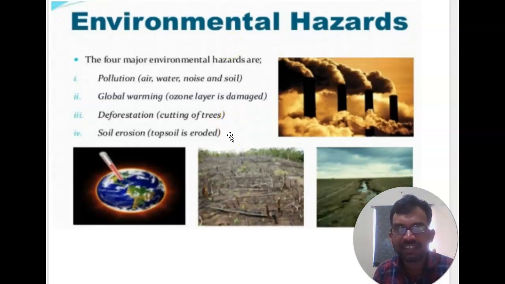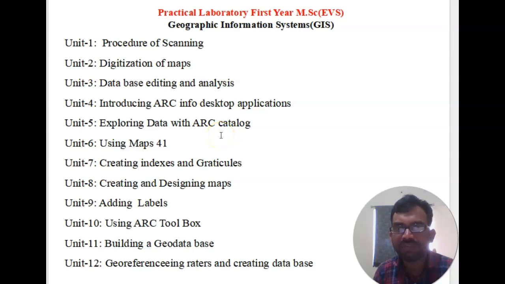Then coming to the first year practical, paper 1 is geographical information system. Compared to the theory, which is very simple, the practical laboratory is very difficult in first year, especially in environmental science.